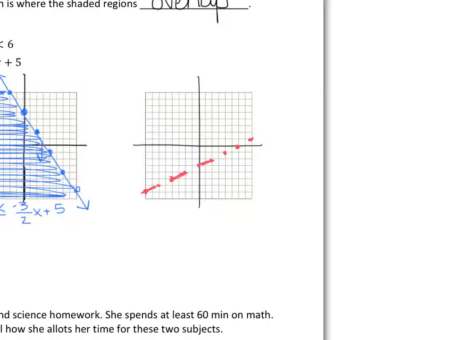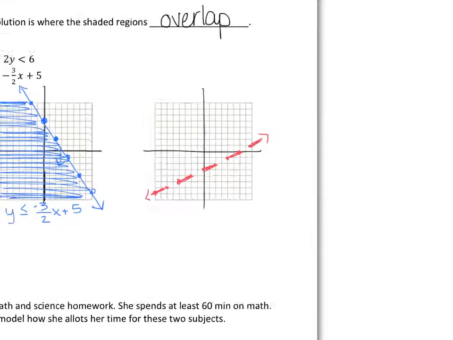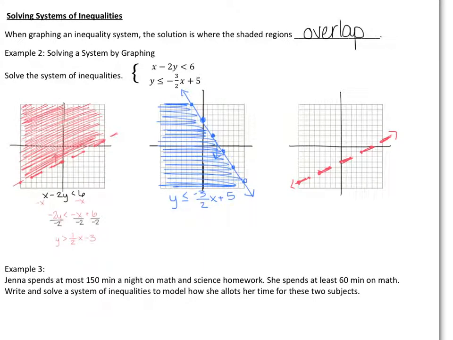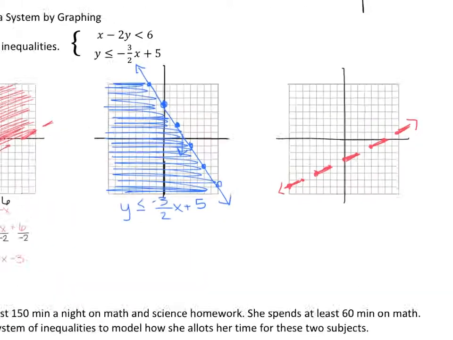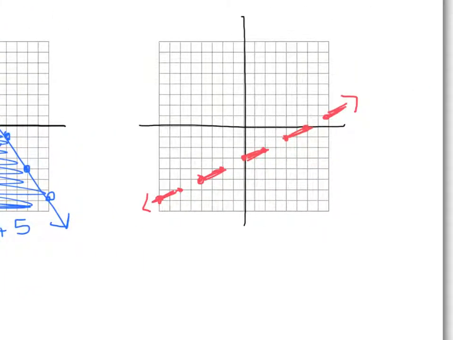So make it dashed. And like I said, do not shade yet. But on that one, did we shade above or below? We shaded above. So I want you to just draw little arrows pointing the way that we need to shade.